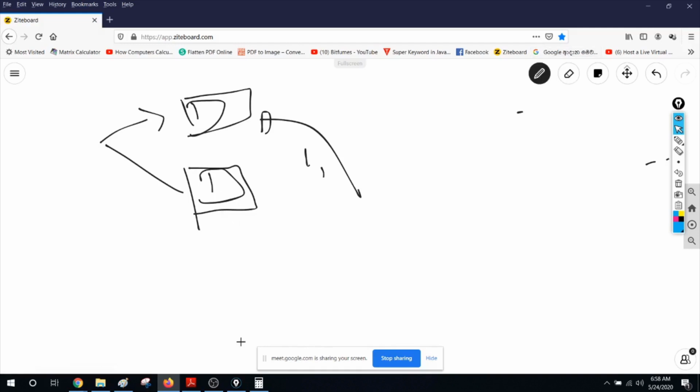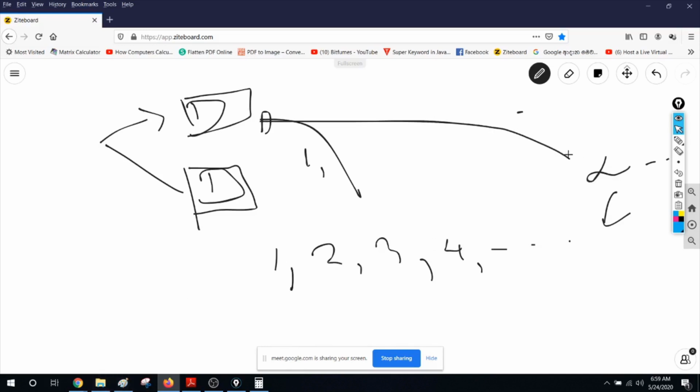Right. For example, let's take something like this: 1, 2, 3, 4, etc. Now you can see the infinite term is going to reach infinity, right? So therefore it is divergent, not because of oscillatory nature. And of course when you sum, S1 is 1, S2 is 1 plus 2, which is 3, S3 is 1 plus 2 plus 3, which is 6.